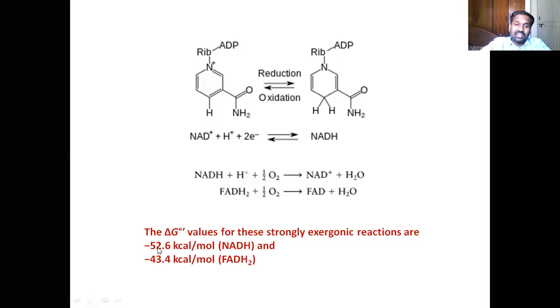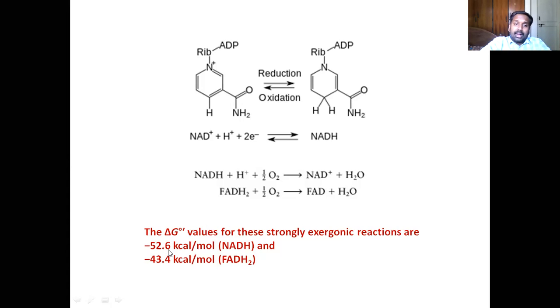What is the energy liberated with this oxidation reaction? 52.6 kilocalories when NADH is oxidized to NAD+. That means this is an exergonic reaction. Of course, all oxidations are exergonic reactions. You cannot have any oxidation reaction which is endergonic or endothermic. All oxidations are exergonic and exothermic. Therefore, the oxidation of NADH should also be so.